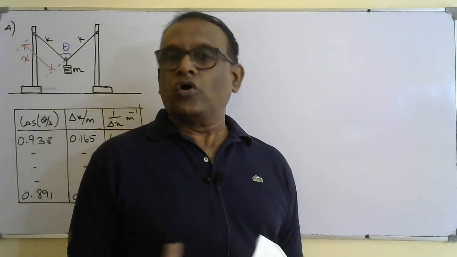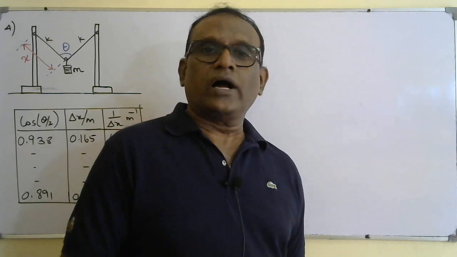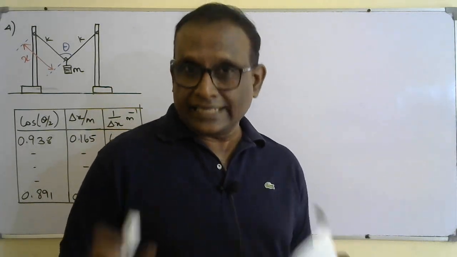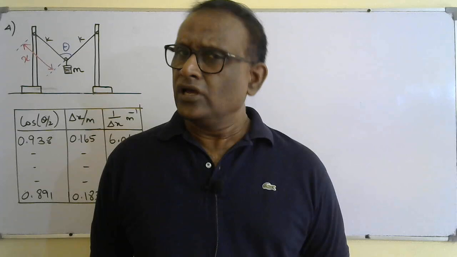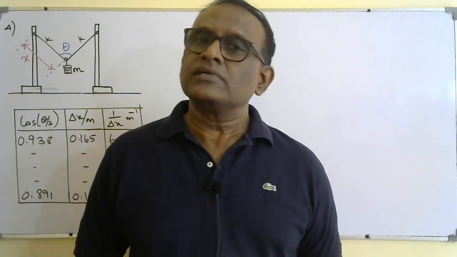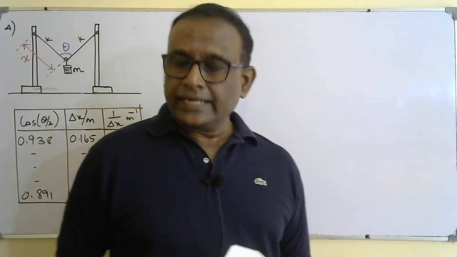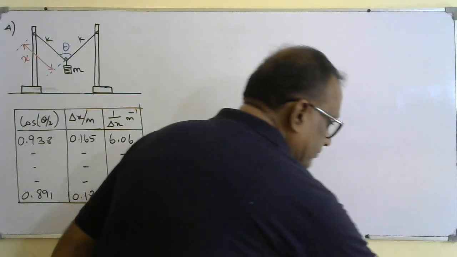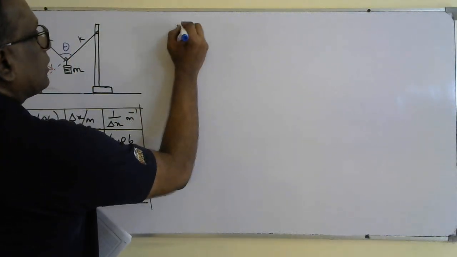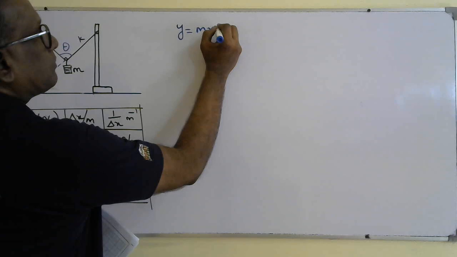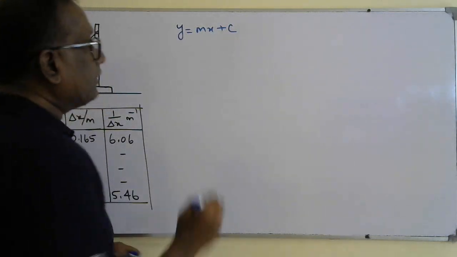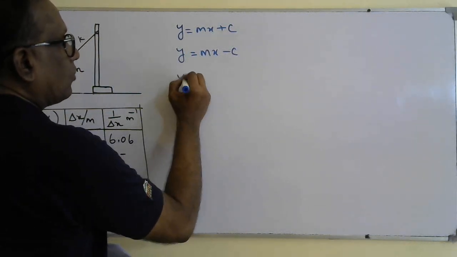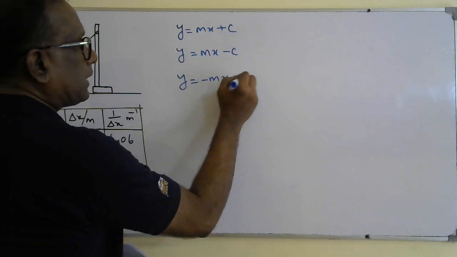In case you want to find some unknown quantity from the y-intercept point, it's better to start the x-axis from 0, but the y-axis you can start from some other value. Because you know the standard equation for straight line graphs: y equals mx plus c with the y-intercept point, or y equals mx minus c, or y equals minus mx plus c.